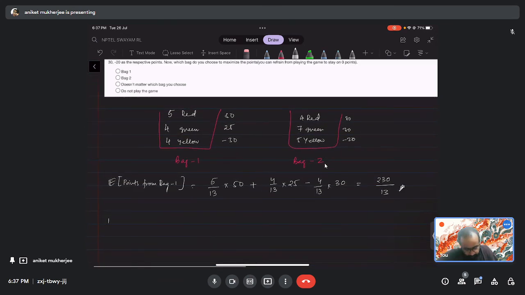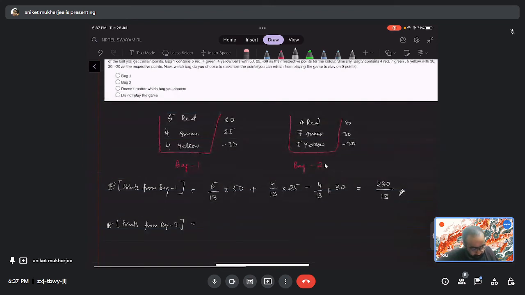Okay, so now expected points from bag 2.